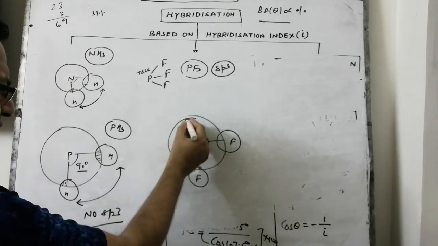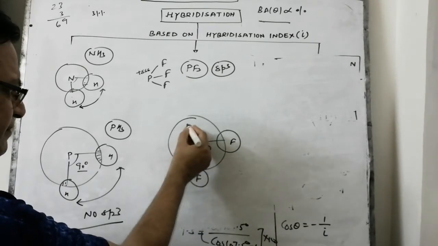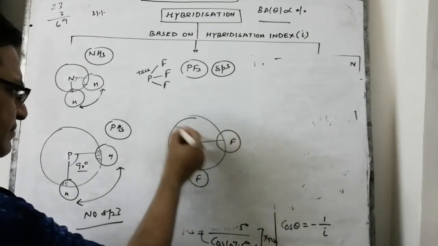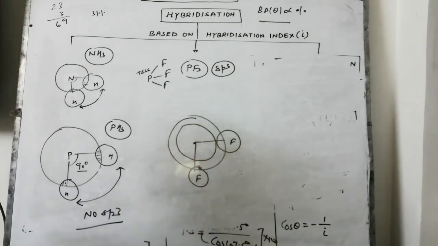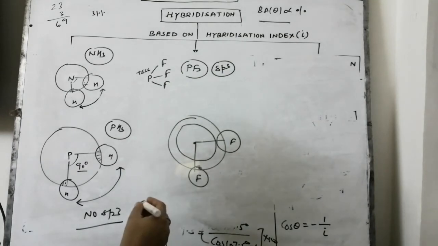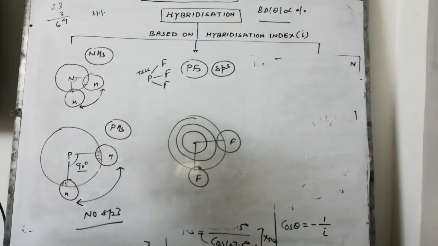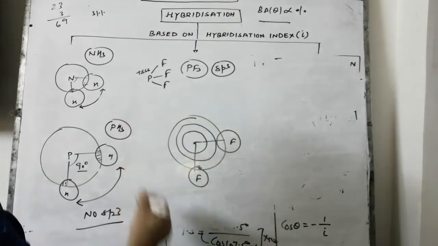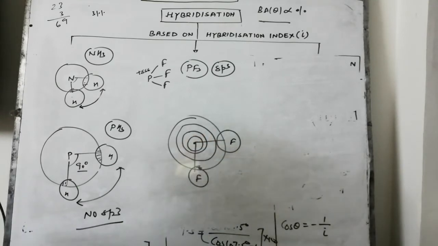One fluorine atom is reducing the size of the phosphorus from this much. For example, the size has become this one. When another fluorine gets bonded, the size will get further reduced. Then the third fluorine is coming, and the size again gets reduced like this.